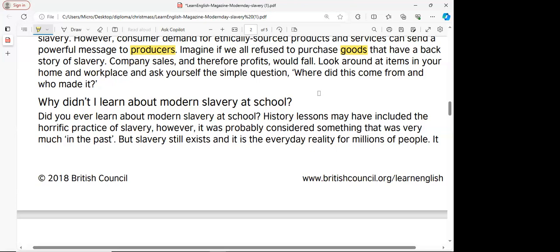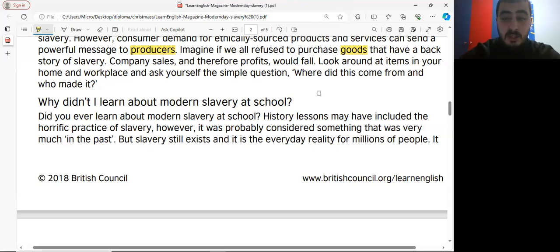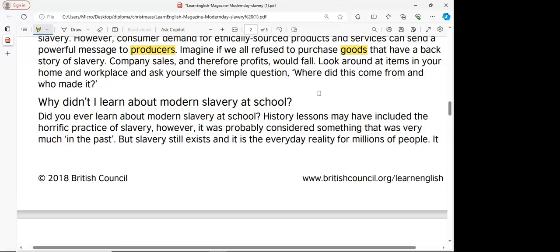However, it was probably considered something very much in the past. But slavery still exists, and it's the everyday reality for millions of people.